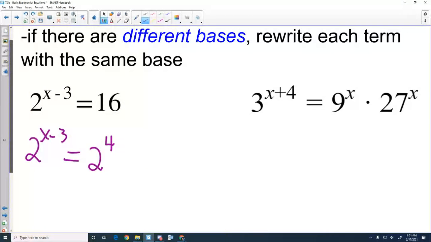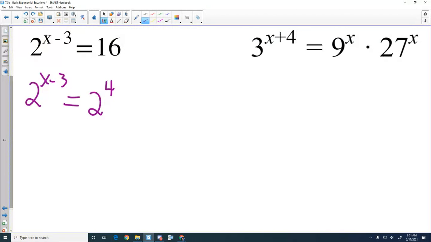And so that's where you have to think a little bit, rewriting it in a smaller base. Now that they're both 2 to some power, I can cancel out the bases. Just set those exponents equal to each other. So we can see, oh, so x minus 3 has to equal 4. So x is 7.